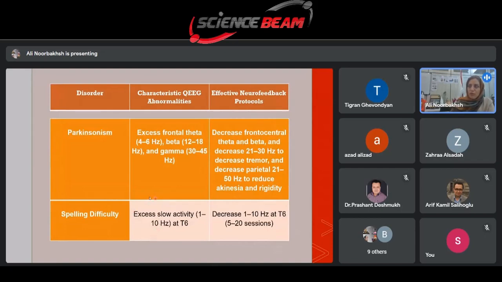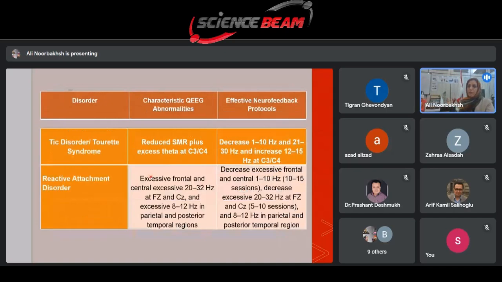And in Parkinson's, again, we have this characteristic, spelling difficulty. There are sources for this table, and I can send it to you. And with neurofeedback, we can increase or decrease these items via the neurofeedback software.